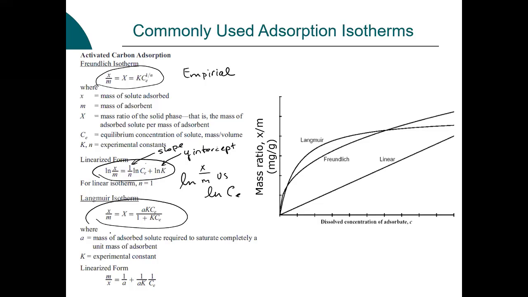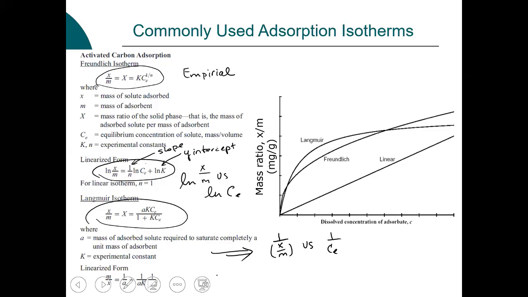The Langmuir isotherm, which we'll talk a little bit more about, is actually thermodynamically derived. So it has some basis in thermodynamics. Here, we linearize it by plotting 1 over X over M versus 1 over C sub E. That's how we linearize the Langmuir.